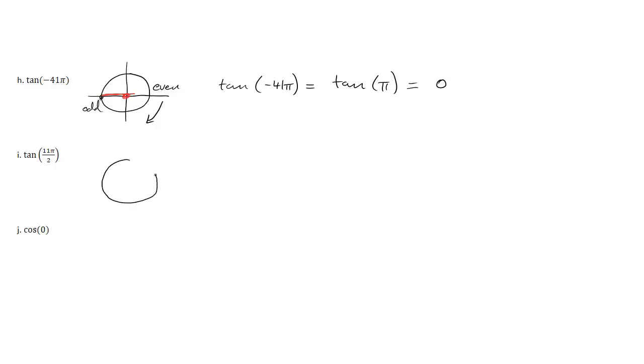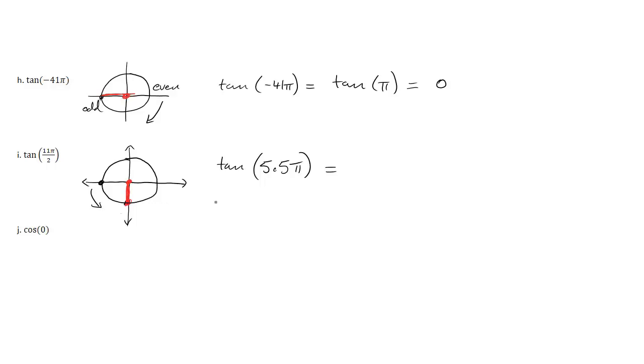Okay, whereas this one is tan of 11 pi on 2, which is the same as saying 5.5 pi. Now 5.5 pi is going to be, well, you're going to end up going to the odd number of pi's and then an extra half a pi.